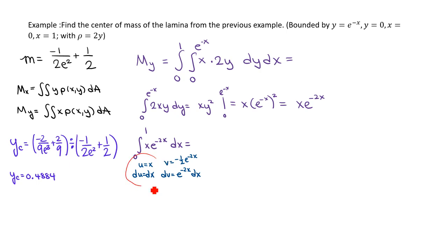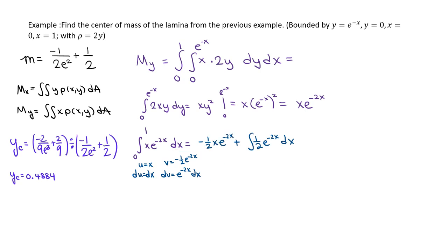So du, the derivative of u, is just 1 dx. And then the antiderivative of my dv, so my v, would be e to the negative 2x divided by negative 2. I'll call that negative 1/2 e to the negative 2x.